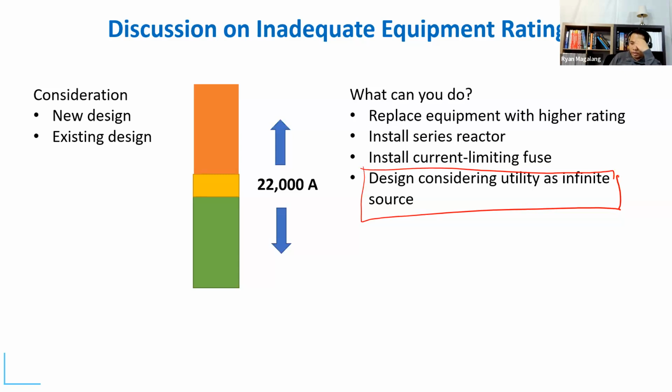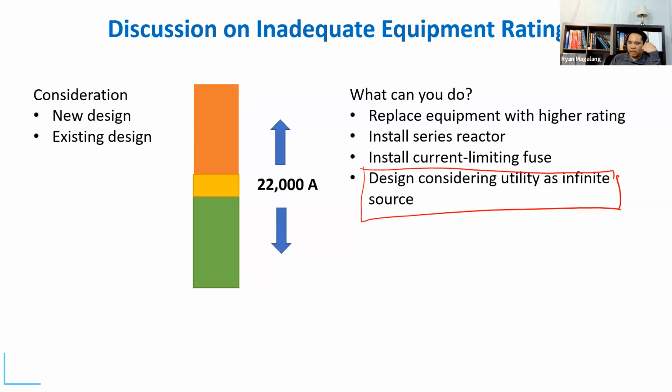which is, I would say, not recommended all the time, but when you're in the field and you're trying to estimate whether the equipment is capable or not to handle the fault magnitude at that location, let's say an MCC connected directly at the secondary of the transformer, you can use this infinite bus assumption.